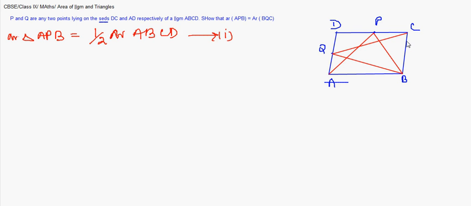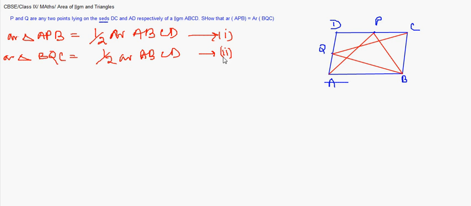Again look at triangle BQC, that is also drawn on the base BC between the two parallel lines AD and BC. At the same time ABCD can also be seen as drawn on the base BC. Therefore area of triangle BQC is half area ABCD.